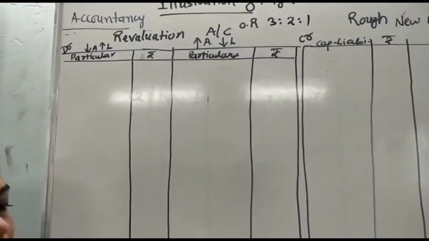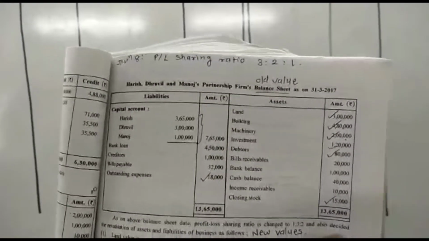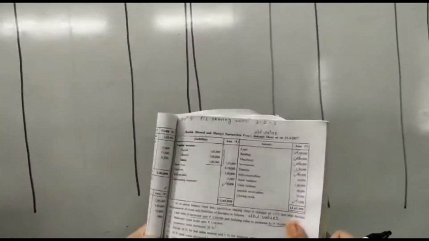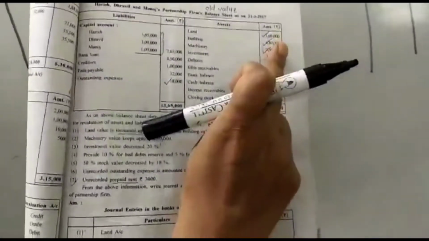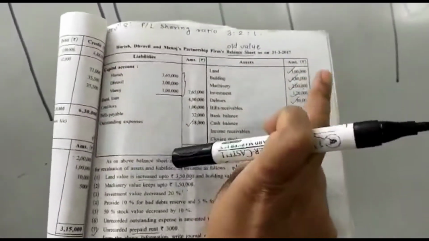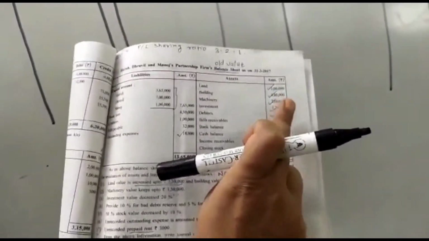The old balance sheet is given in the question, so I am going to read it out and then the adjustments. The first rule is when I read the adjustment, I put a tick mark on the item in the balance sheet which represents this particular figure I have to write in the inner column.